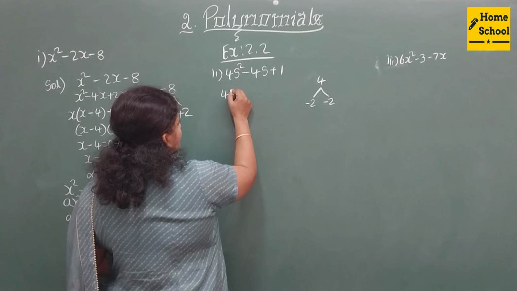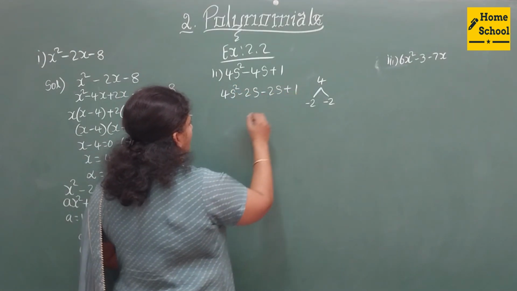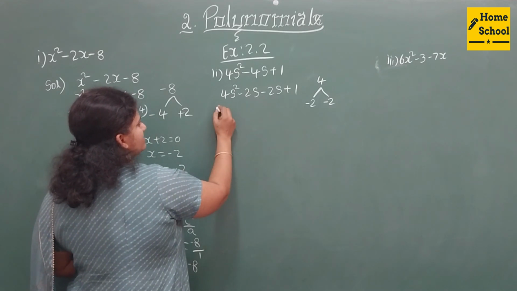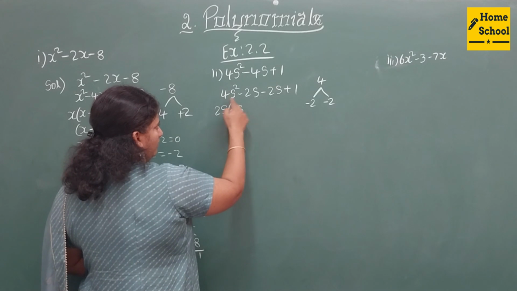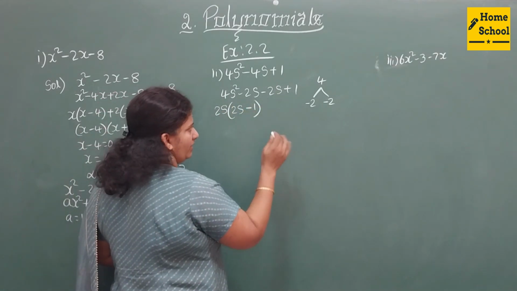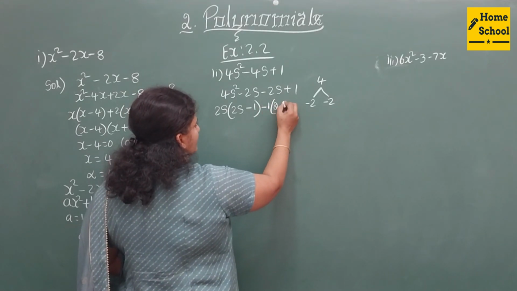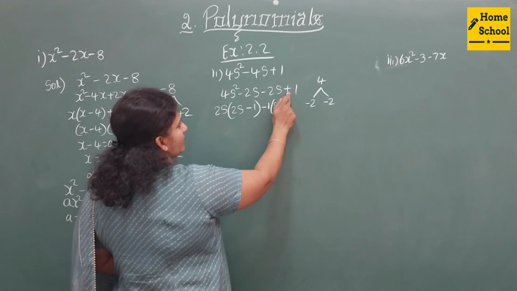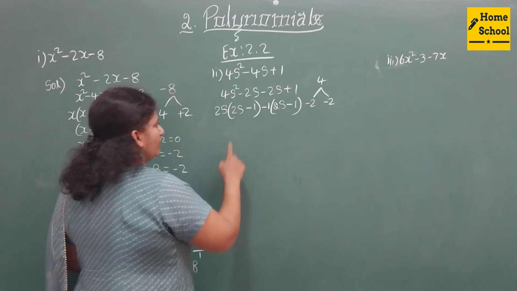Now 4s square minus 2s minus 2s plus 1. Among these two, 2s is common, take it out. 2s is left here, minus 1. Among these two, nothing is common, that means 1 we need to take out. 2s, when I am taking the negative sign common, this plus becomes minus 1.